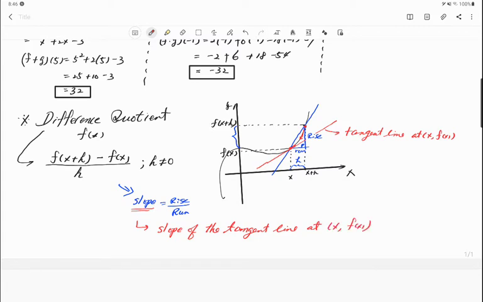Can you see it? So we can find the slope, rise over run, and as h gets smaller, you will make a line very close to the tangent line, so that the tangent line has a slope, right? So the difference quotient is the slope of the tangent line at the curve.